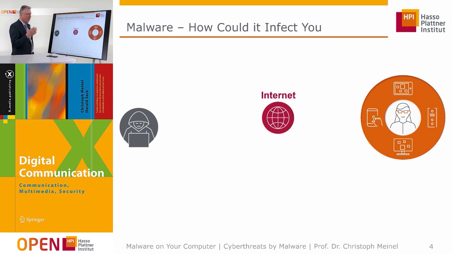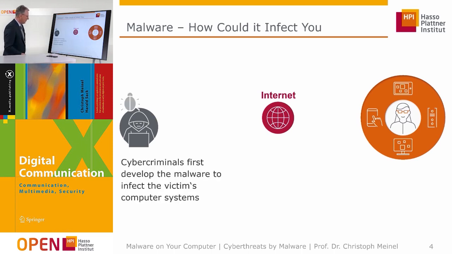Now the question is how the malware comes from the hacker over the internet to the system of the users. So the cyber criminals first develop the malware to infect the victim systems. There is a large library of such malware. Often malware is adapted to a certain attack purpose.